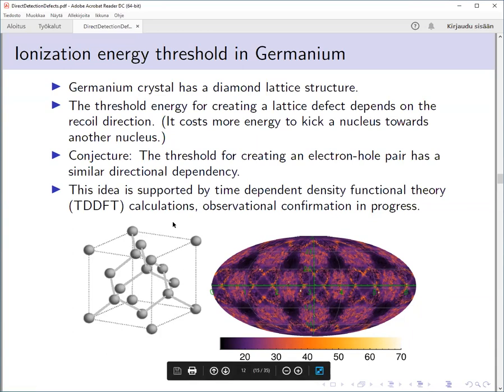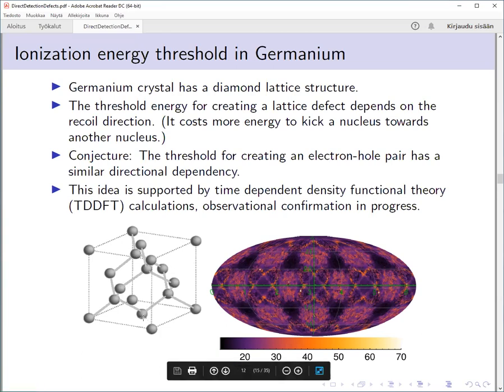And here we are using a conjecture that is not yet fully tested, but some density functional theory calculations have been done to support this idea: that the threshold for creating an ionization event, if you hit a nucleus in the crystal, would be, if not equal, at least correlated with the threshold of creating a lattice defect.